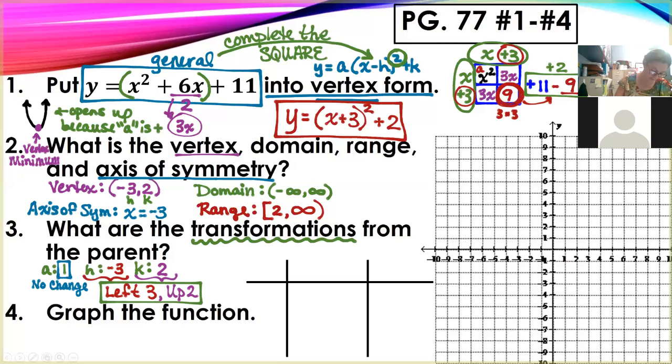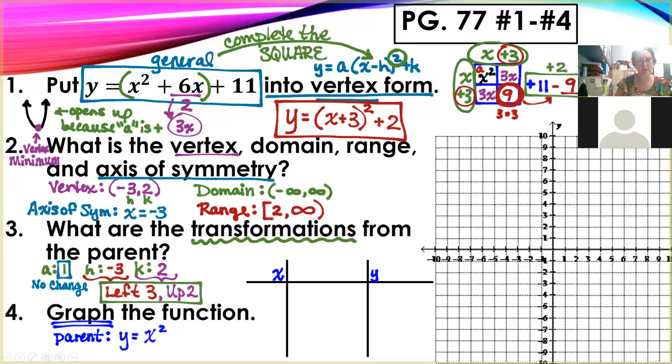And then the last thing they want me to do is graph the function. I'm going to start off by graphing the parent. The parent function is y equals x squared. So on my table, I'm going to have x and y. This is our input, which means we get to choose our x's.